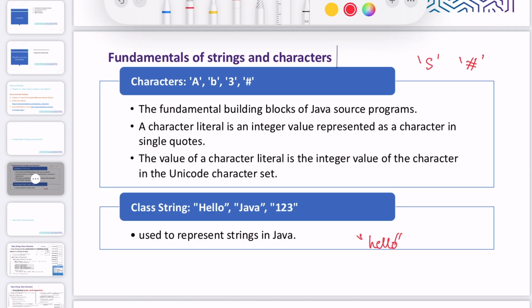It's a character because it's just one single character or symbol that's surrounded by a single quote. We've also talked about the idea that when you define a character, char, let's name it C, for example, and this C will hold the capital letter A.